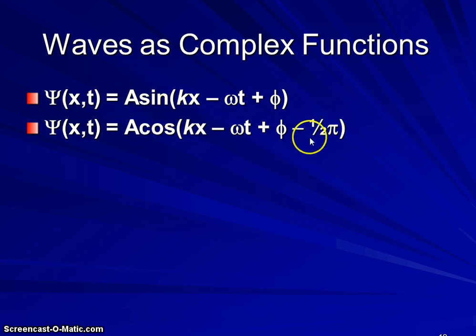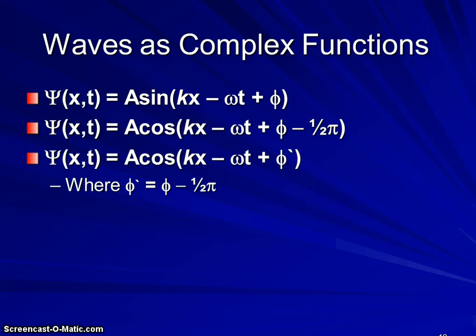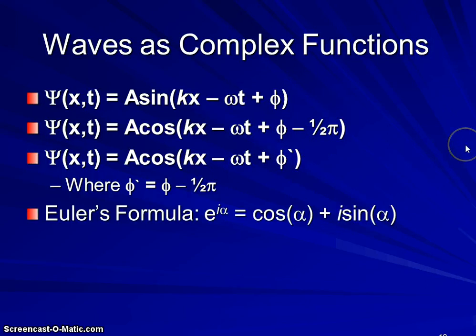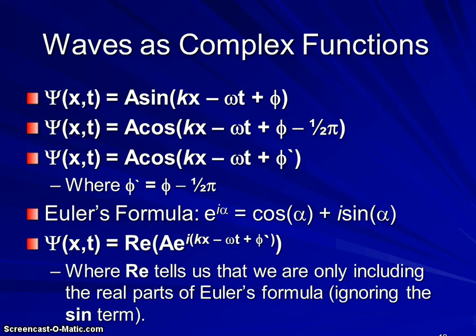We put in an additional phase factor to correct for the fact that the cosine is a half a pi off on the x-axis from where the sine is, and then we can put in a new variable to take care of this phase shift variable, and use Euler's formula to rewrite this wave function as an exponential function.